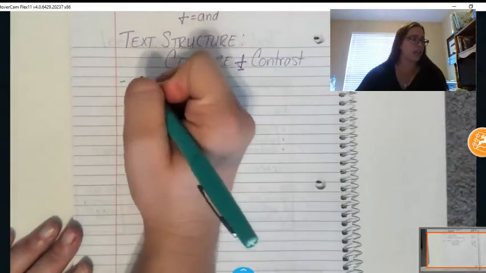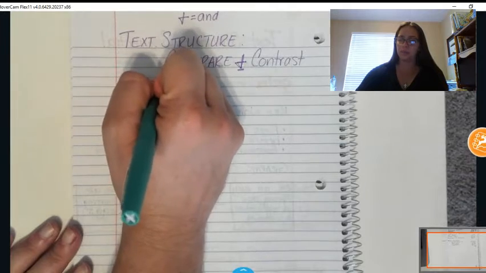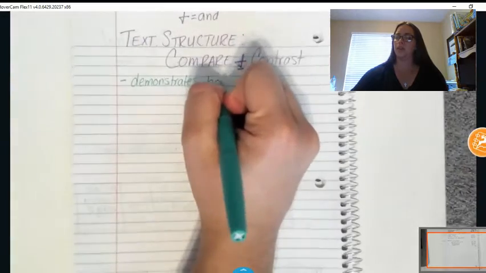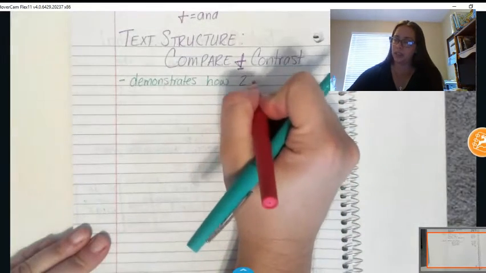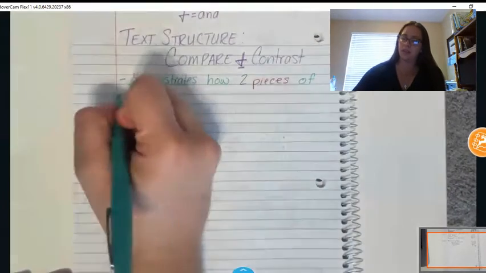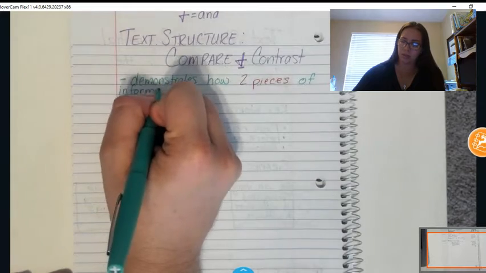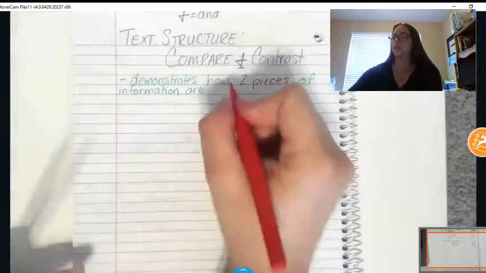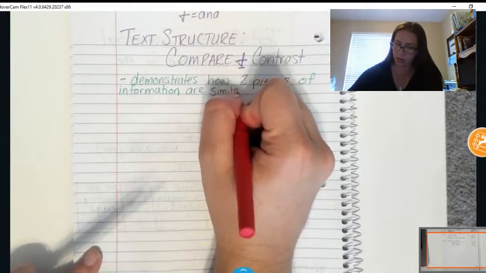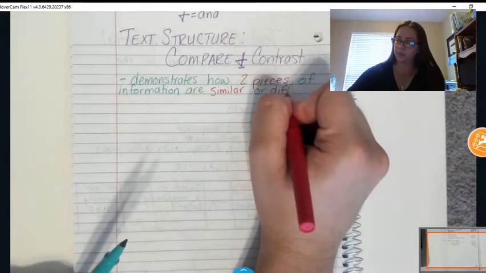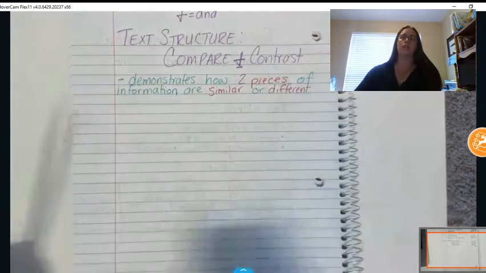So when we look at it and we're being superficial about this, we're going to say that it demonstrates how 2 pieces of information are similar or different. How they're the same and how they're different.